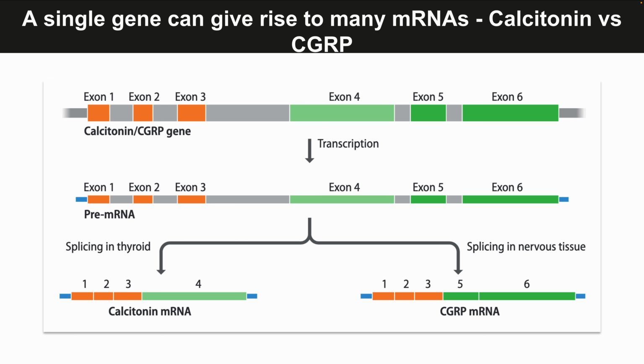Depending on what I retain, whether exon 1, 2, 3 along with exon 4, or exon 1, 2, 3 and 5, 6, I can make 2 different copies of the protein. And this is what happens in your body. This is found in thyroid, and this is found in your nervous tissue. Same DNA location, same gene, but 2 different isoforms. An isoform is a different protein coming from the same gene.